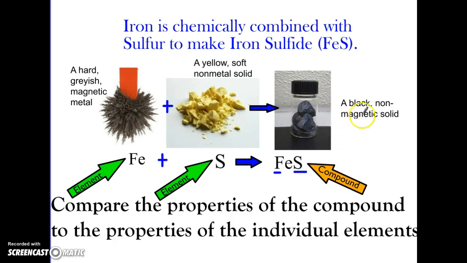And iron sulfide is a black non-magnetic solid. So all of a sudden it becomes non-magnetic, where it was magnetic before, and it's black, not gray, and not yellow, because the properties of this compound are now totally different than the properties of the individual elements.